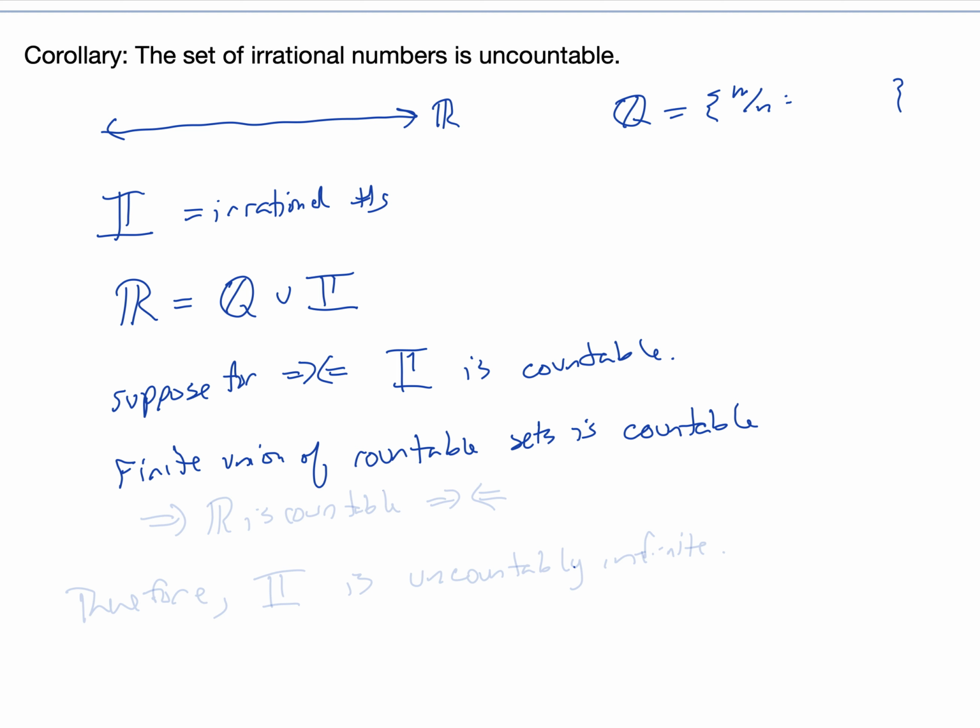So this would imply that R is countable, but we just proved that it is not. So that means that we know Q is countable, we proved that, and so therefore the other part of that union, the set of irrational numbers, is uncountable. So it is uncountably infinite.